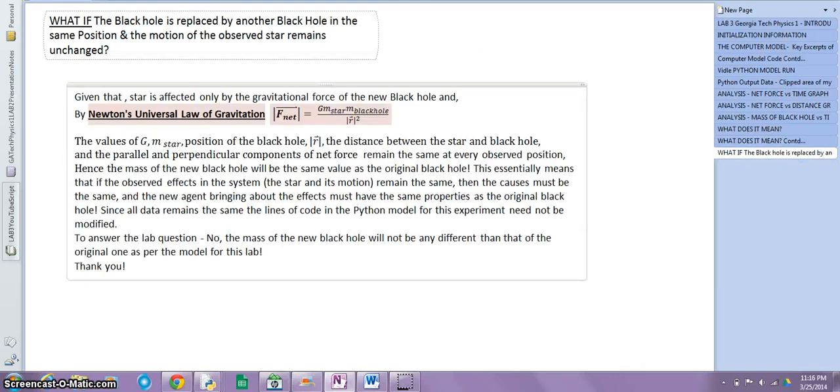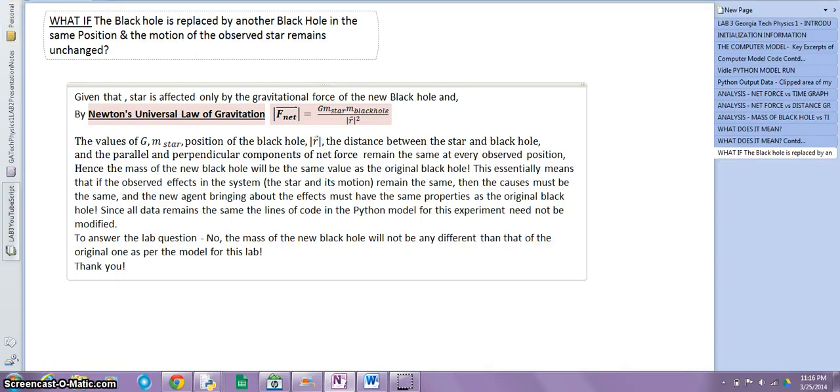If the black hole is replaced by another black hole in the same position and the motion of the observed star remains unchanged and the star is affected only by the gravitational force of the new black hole, then by Newton's universal law of gravitation, the values of g, the mass of the star, position of the black hole, the distance between the star and the black hole, and all the components of the net force remain the same at every observed position. So the mass of the new black hole will be the same value as the original one.